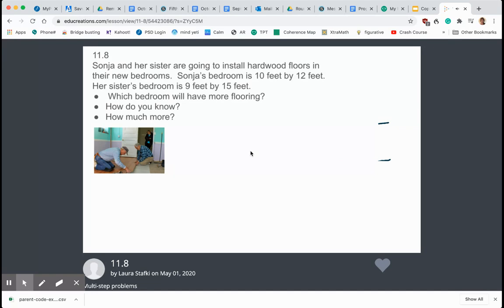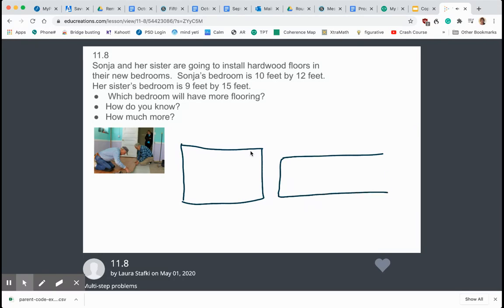I want to have the 10-foot side here and the 12-foot side here. And then for her little baby sister, we're going to have a 15 like that. So this one is 10 by 12, and this one is 9 by 15.